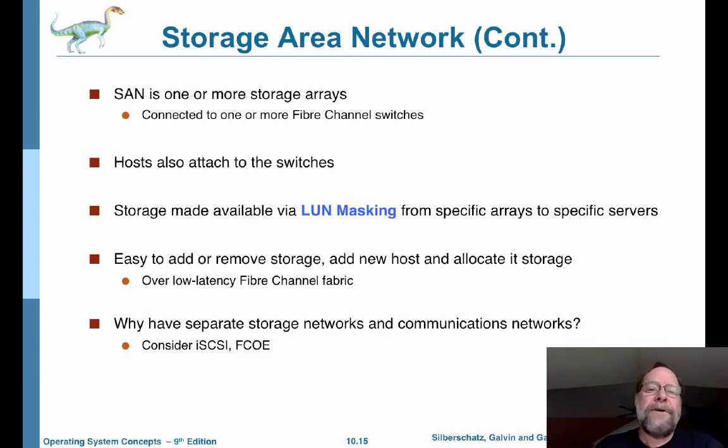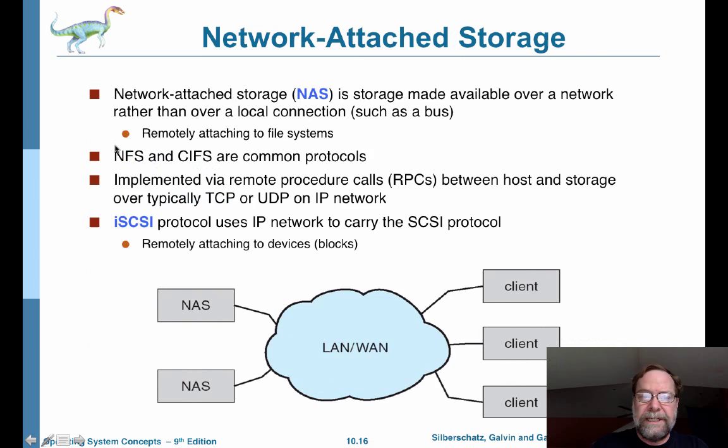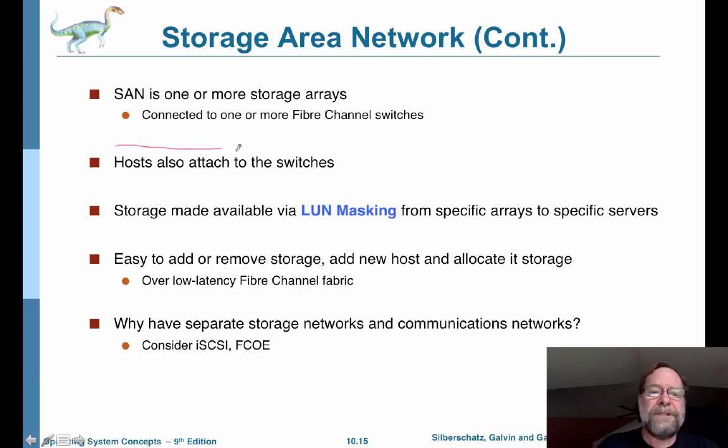So typically, in order to realize a storage area network, the hosts are going to be connected directly to the switches that connect the different storage arrays. Switches or routers, so they can move the information quickly back and forth. Almost always, if you're going to have a storage array, you're going to be using fiber channel because the switches need to be super fast because you're trying to move this huge amount of data across a relatively narrow bandwidth.